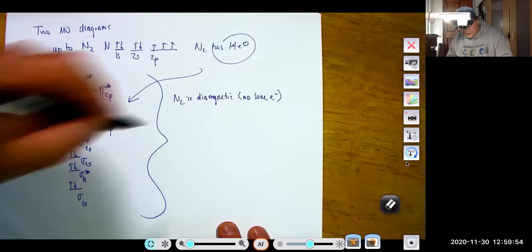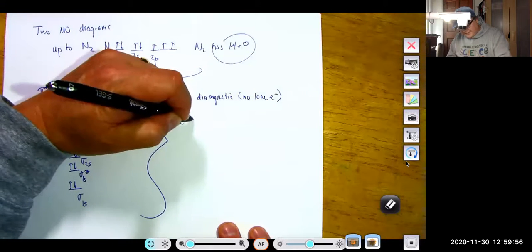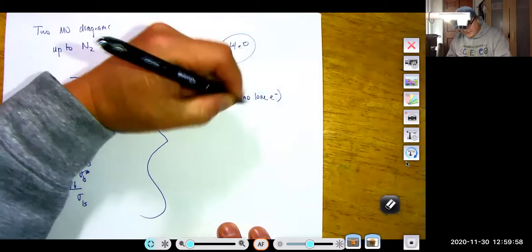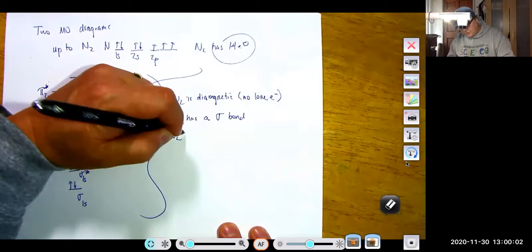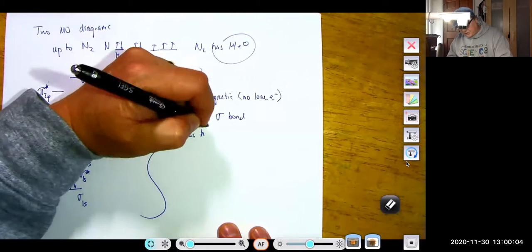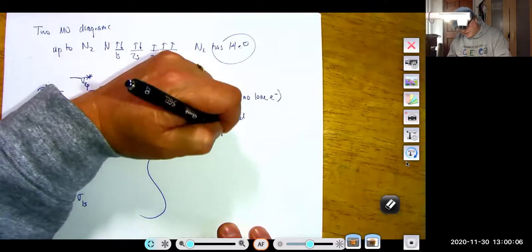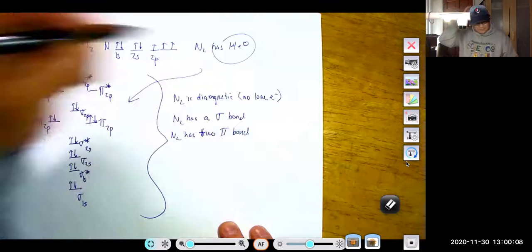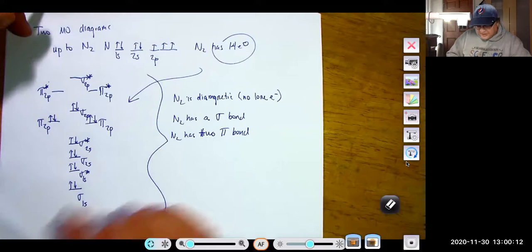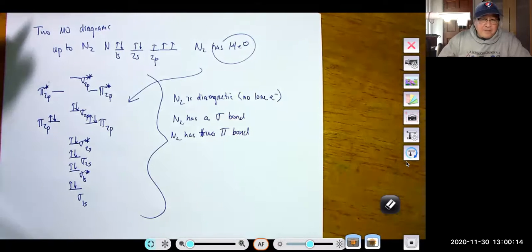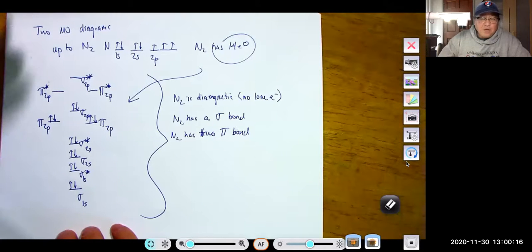We can also get that N2 has a sigma bond and 2 pi bonds. So let me show you how you get a sigma bond and 2 pi bonds. Are you ready for that explanation?